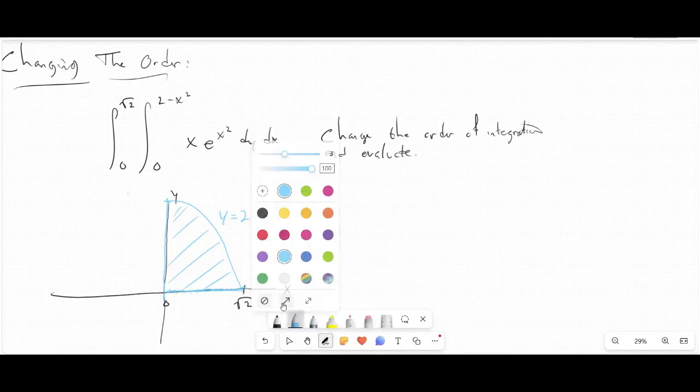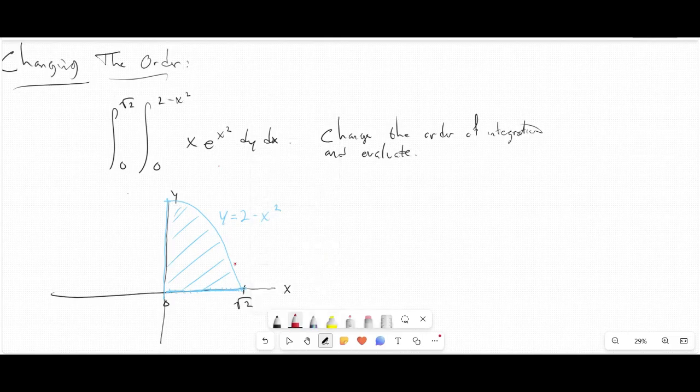Well, now here's the question. You can tell from looking, it's also a type 2 region. It's the area between two curves as functions of y. The lower one down there is x equals 0.